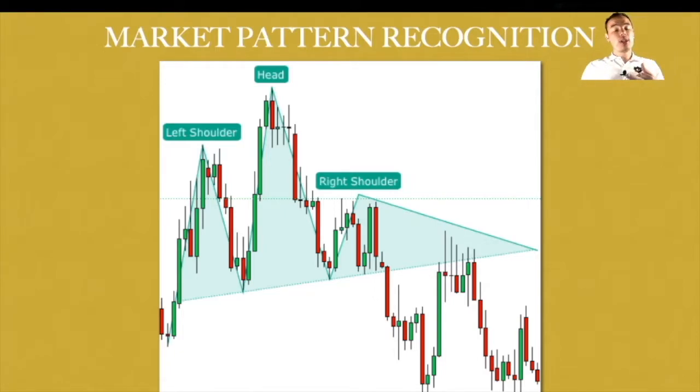Now, you get three types of market pattern recognition or market formations. And then within these three types, you get different types of market pattern recognition. But let me go through them. So, like I said, it's patterns. Market formation patterns are patterns within the chart, okay?